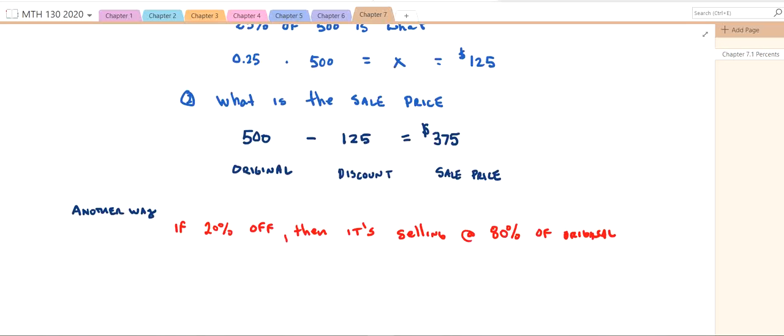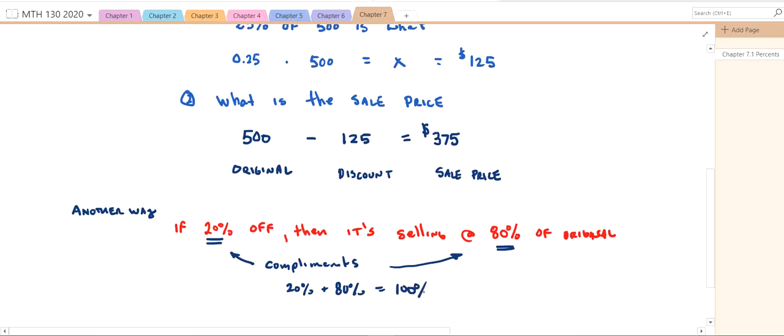Well, here, 80 and 20 are complements of each other. That is, if you add two complements together, you always end up with 100%.